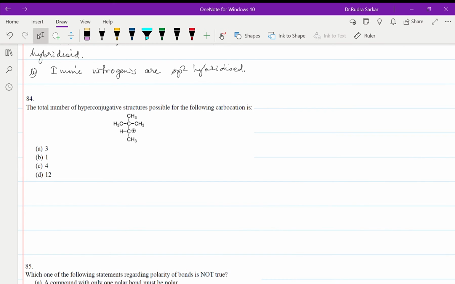So the number of hyperconjugative structures we will say is proportional to the number of alpha hydrogen atoms.